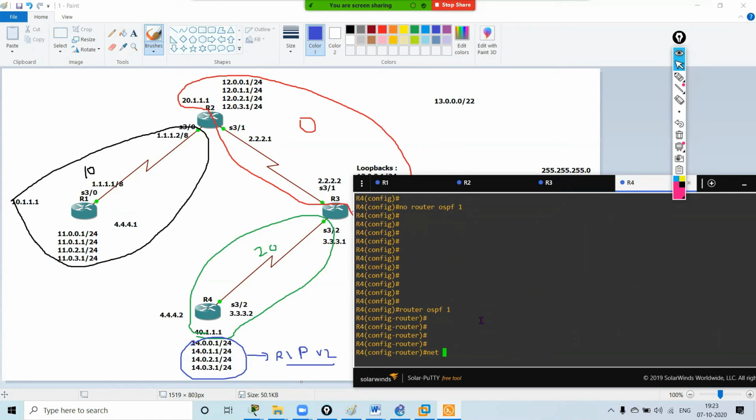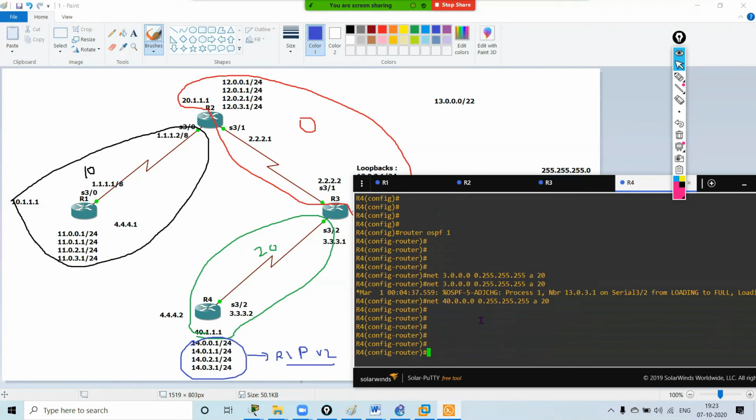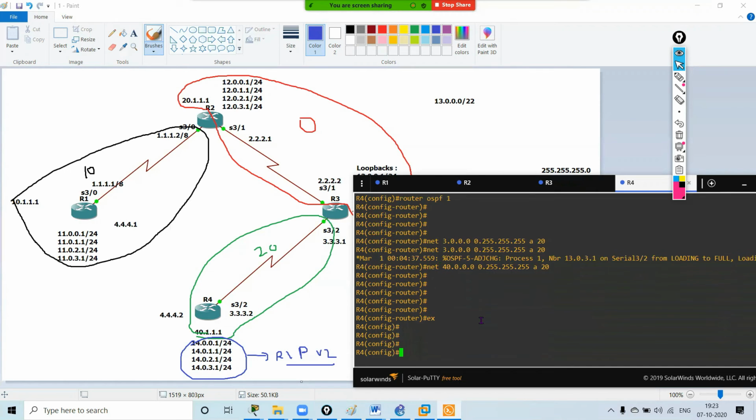Router OSPF 1. On R4, I'll say network 3.0.0.0 0.255.255.255 area 20, and the 40 network. Okay, that's it. Exit.